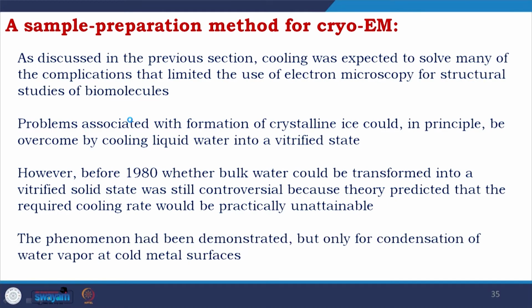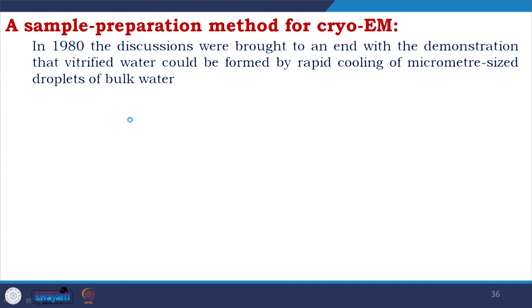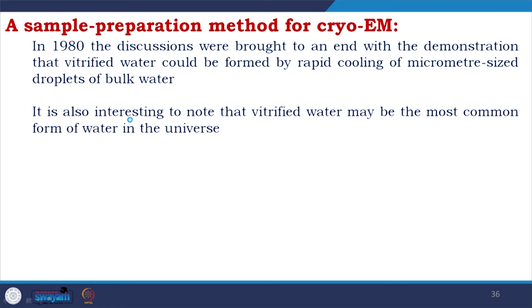The phenomenon had been demonstrated, but only for condensation of water vapor at cold metal surfaces. In 1980, the discussions were brought to an end with the demonstration that vitrified water could be formed by rapid cooling of micrometer sized droplets of bulk water. It is also interesting to note that vitrified water may be the most common form of water in the universe. So, what we want to achieve is actually the most common form of water.